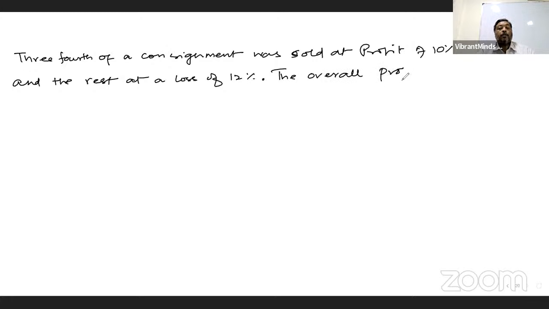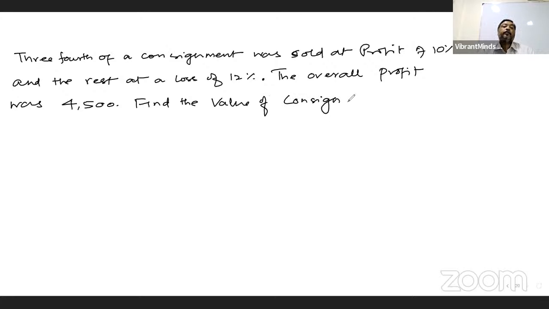The overall profit was 4,500 only. Find the value of consignment.